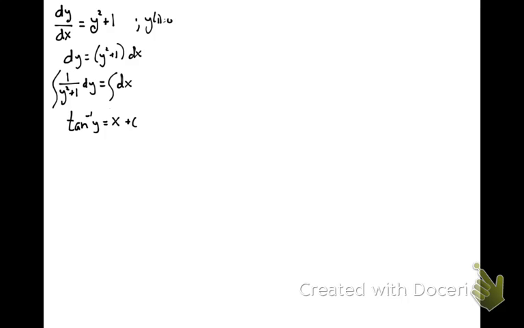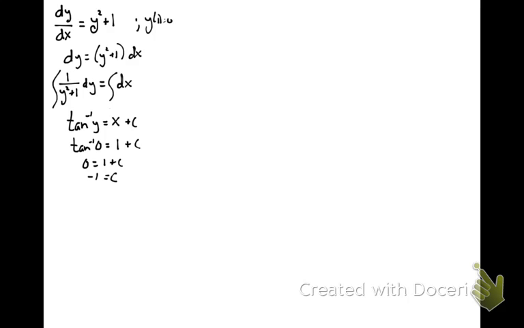And we're told, now that we can solve for c, that when x is 1, y should be 0. So the inverse tangent of 0 equals 1 plus c. Well, what angle has a tangent value of 0? Well, that's 0 equals 1 plus c, which means that c equals negative 1.